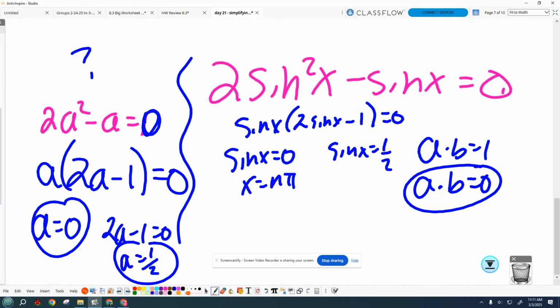I know Emery, the bell's not gonna ring, but the alarm also didn't go off. You guys, hang on, we still have 2 minutes. God help us all. So, pi over 6, and 5 pi over 6, and then full circles of them. All of those would be answers. This is what's coming. Your homework is on Delta Math tonight, please do it.